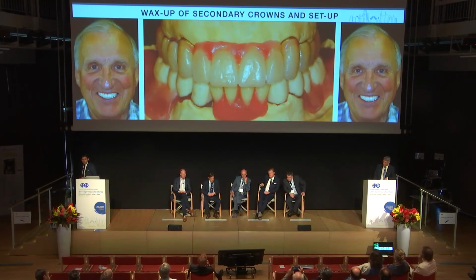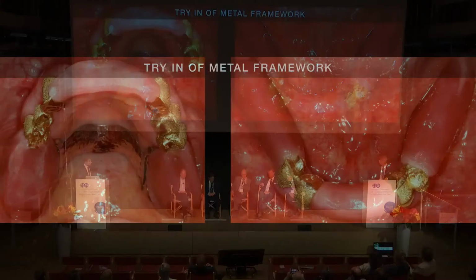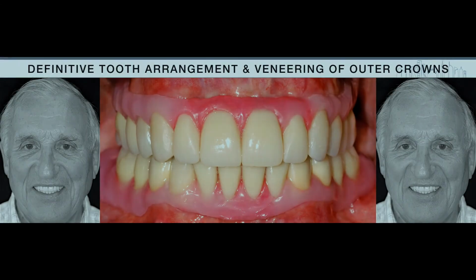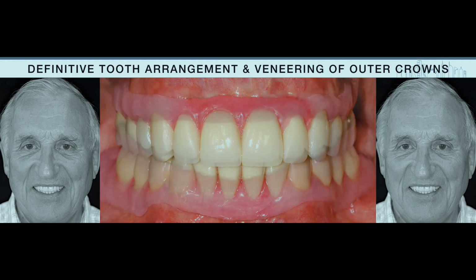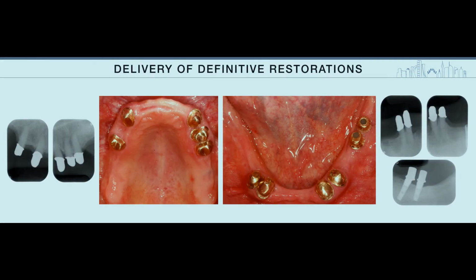The lab technician then will fabricate the secondary crowns and go for the setup. We try in the metal framework inside the oral cavity, and then the definitive tooth arrangement and veneering of the outer crowns takes place. We try it in the oral cavity. When the patient is happy, we check the aesthetics, phonetics, function.